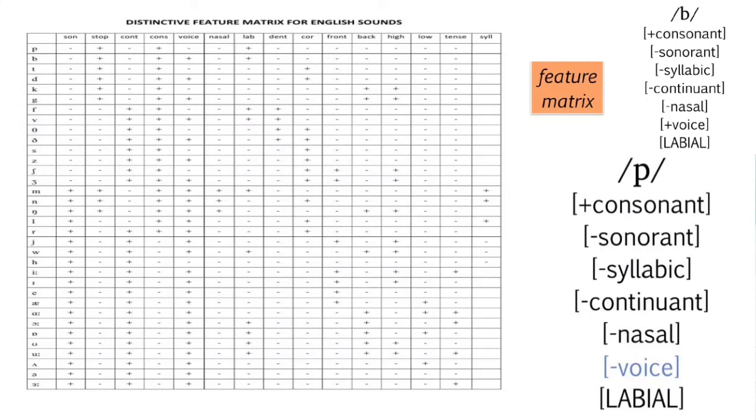Changing the feature voice from plus to minus, now we are describing a different segment, P. So that's the explanation. I hope you guys enjoyed and understood our presentation. Thank you so much.